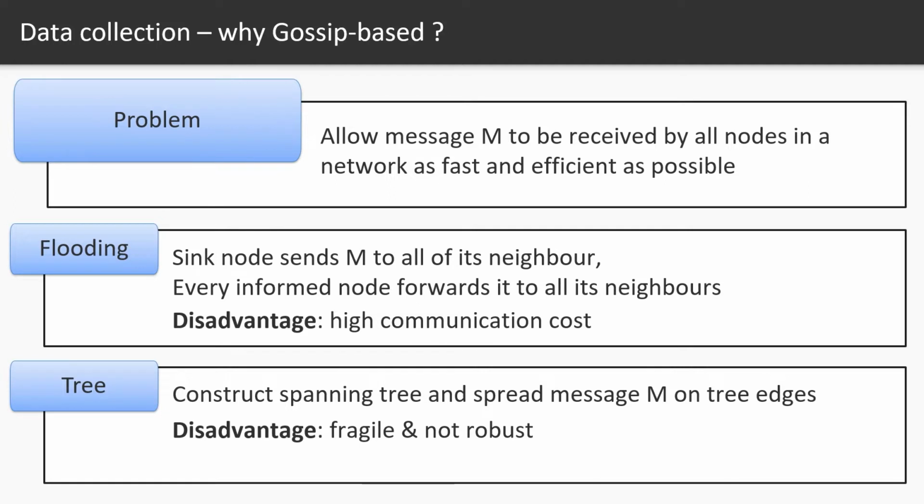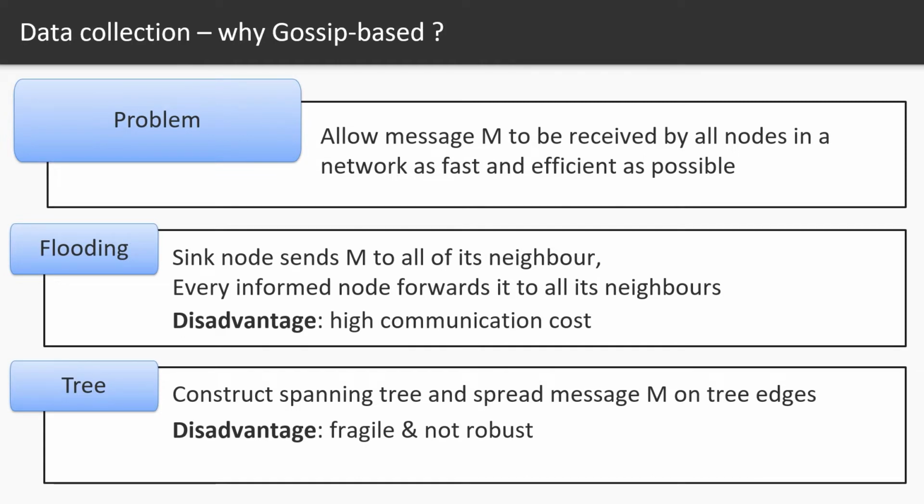What flooding offers is that the sink node sends the message to all of its neighbor nodes. Then every informed node forwards it to all of its neighbors. The disadvantage here was that it has a high communication cost. Every node needs to interact with all other neighbor nodes, and every node could possibly receive two copies of the message in the worst case.